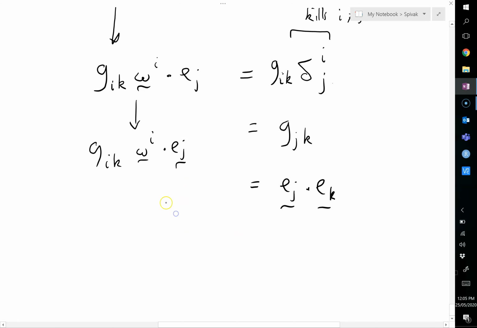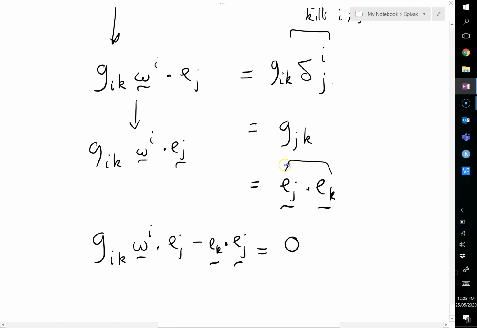So I'm going to factorize it by e_j and take it over to the other side, line by line. Omega i dot e_j minus, all I'm doing is taking this term over to the other side, which changes its sign, and I'm swapping it around: e_k dot e_j equals 0.